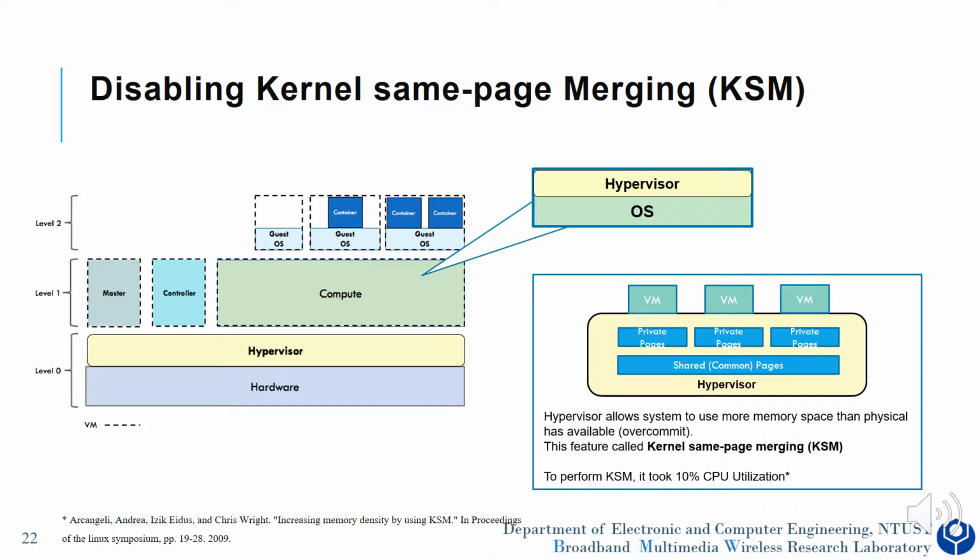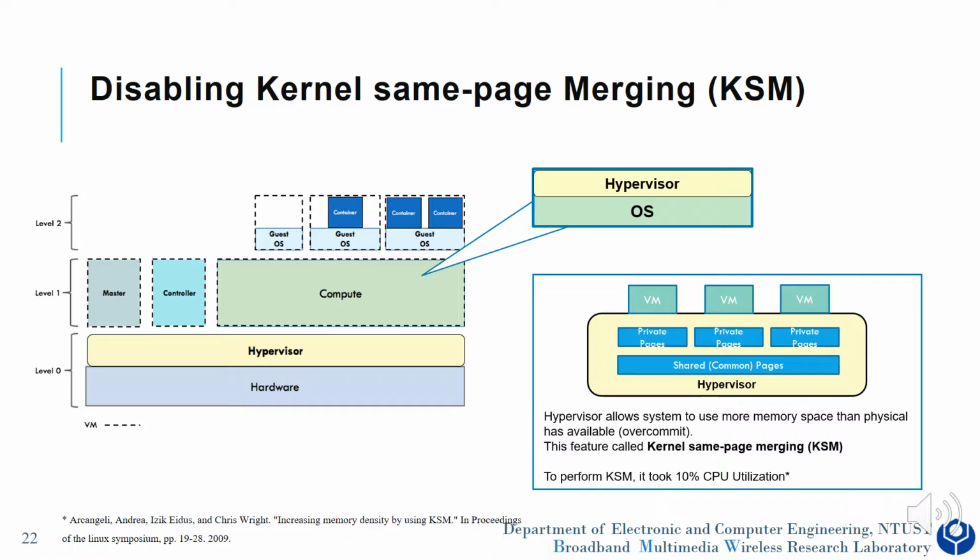If we want to have multiple VMs, one of the functions that the hypervisor has is called kernel same page merging, or KSM. The function of this KSM is to be more efficient in memory use. So it will efficiently use the available memory and potentially allow a server to run more processes.